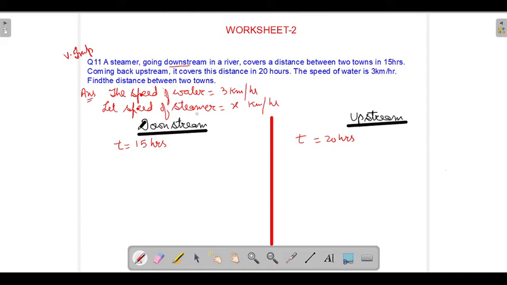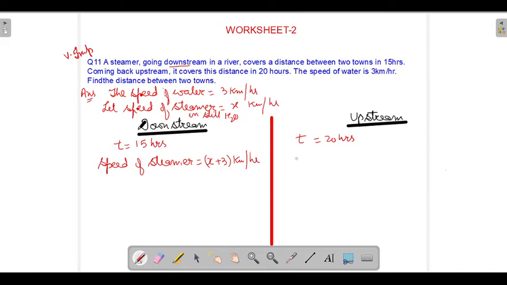Now we have to find the speed of the steamer in still water. In downstream, the speeds get added, so the speed of the steamer will be x plus 3 kilometer per hour.